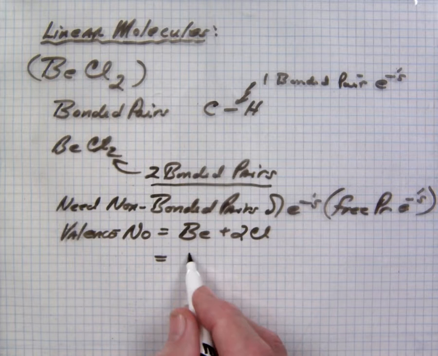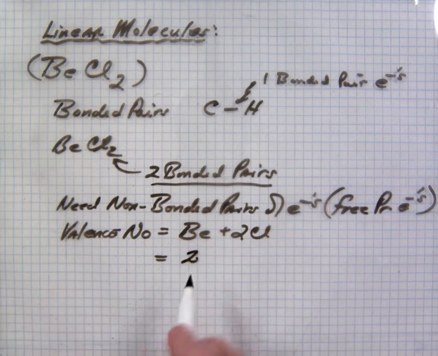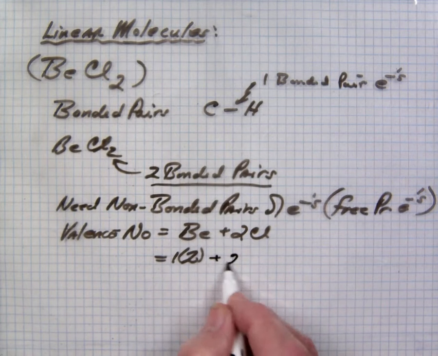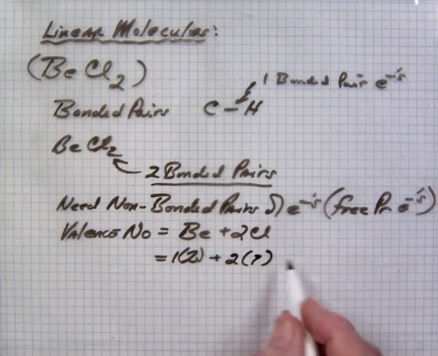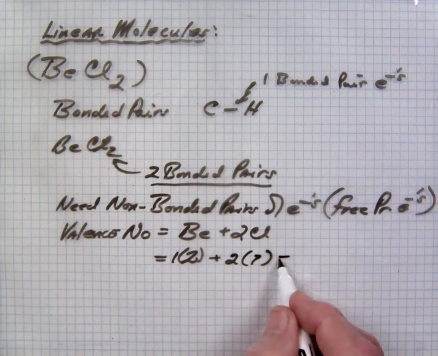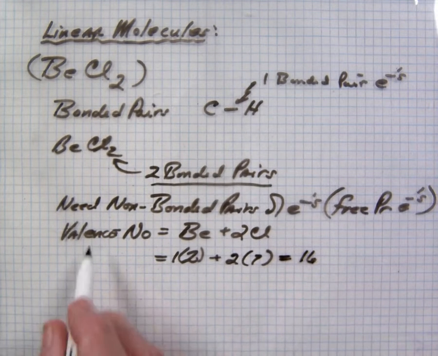But beryllium has a valence of 2. So we have one element that has 2 valence electrons. Now, everything we're dealing with has to do with valence. The core structure doesn't change. And then we have 2 times 7, which gives us 16. So that gives us a valence number equal to 16.